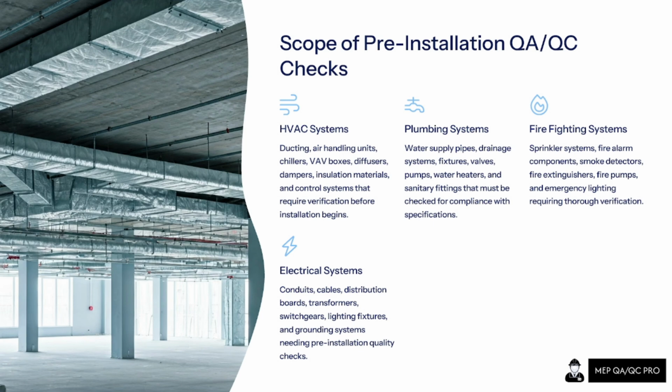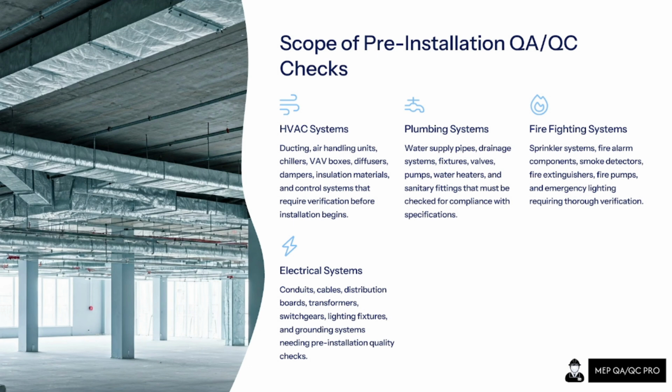So in that scope, for each system, you will break it down into checklists and scope of work, so that anytime an inspection or installation is going on, you will be aware of the related scope of work. That applies to every system, whether a plumbing system, firefighting system, or electrical system.